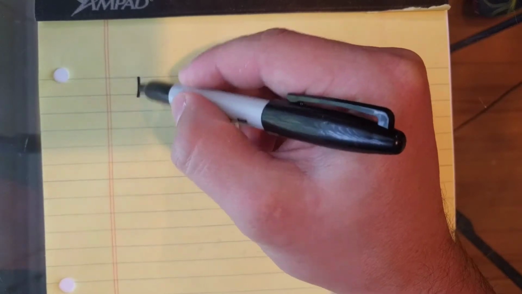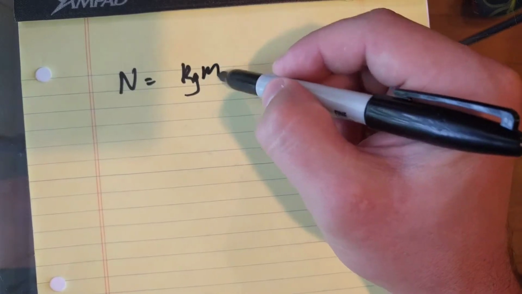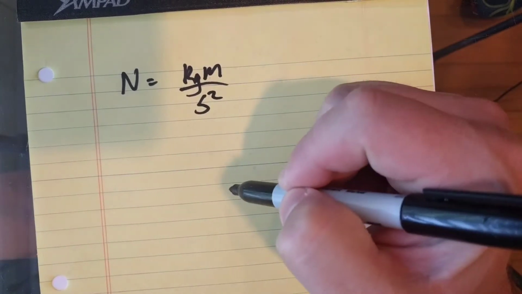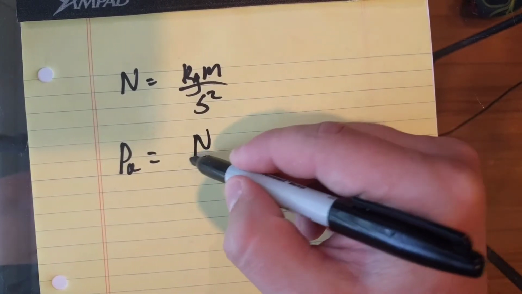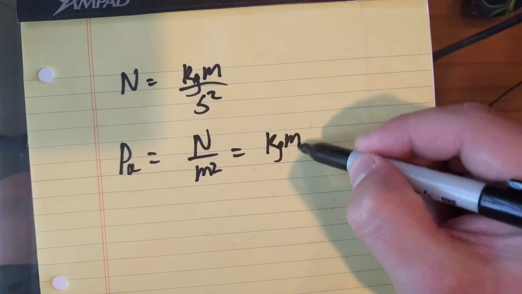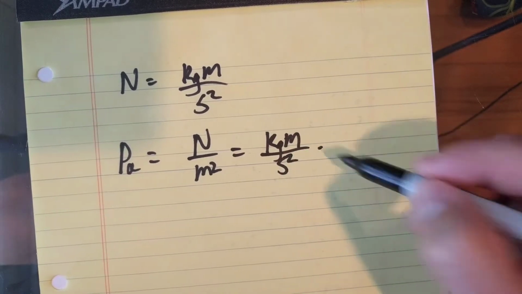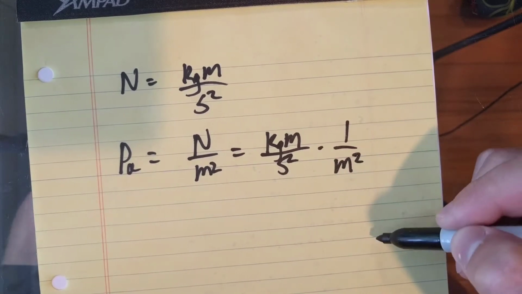One thing that might get confusing about units is when a common combination of units gets renamed. So for instance, we said Newton is the same as kilogram meters per second squared. Same thing for Pascal. Pascal is equal to Newton per meter squared. But a Newton is kilogram meter per second squared. And so then you can take your Pascal, 1 over m squared, right?